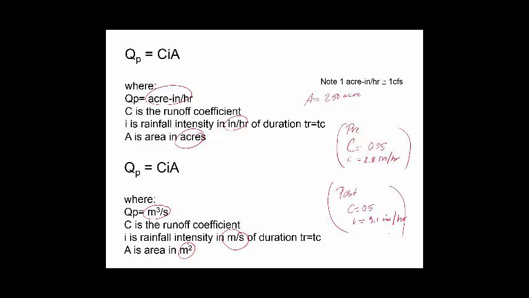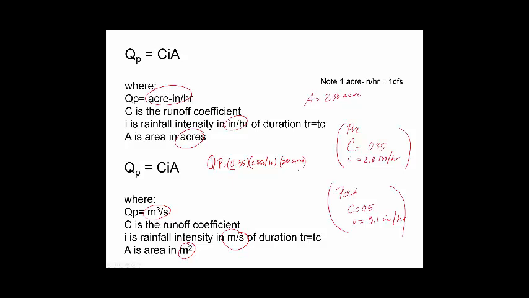Okay, so I have used a coefficient of runoff for pre of 0.35 and an intensity of 2.8 inches per hour, and a post construction condition with a runoff coefficient of 0.5 and an intensity of 3.1. So basically what you do is say the pre-construction QP would be 0.35, 2.8 inches per hour, and it's 250 acres.